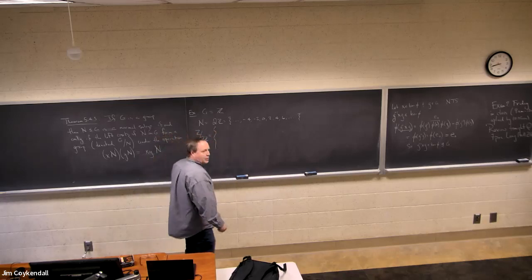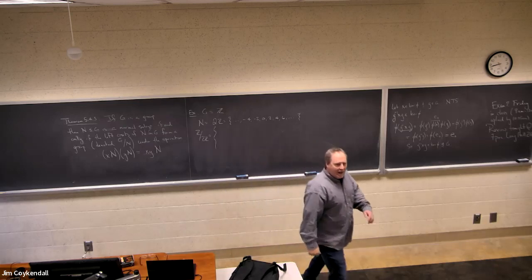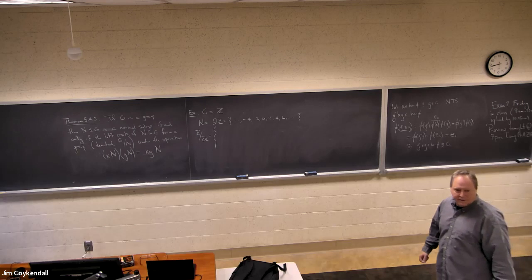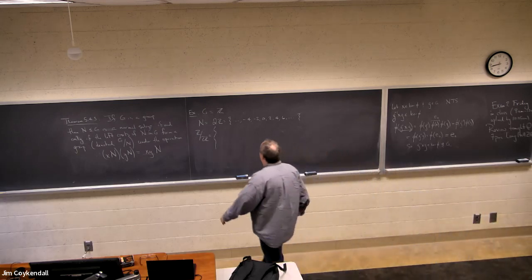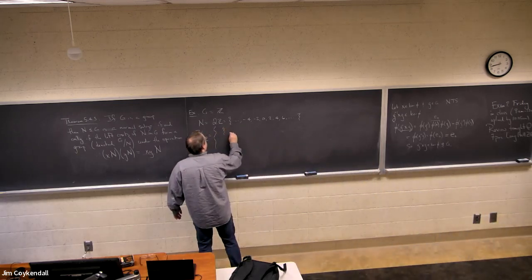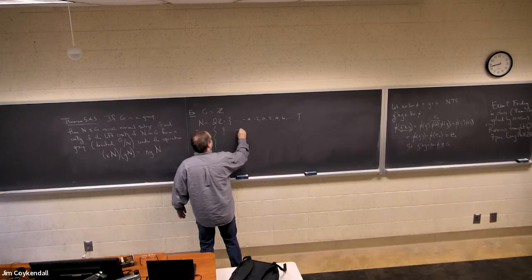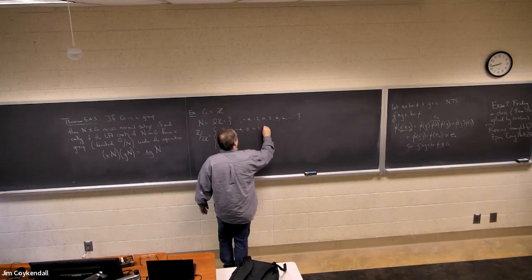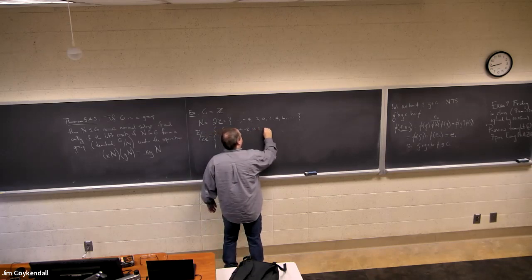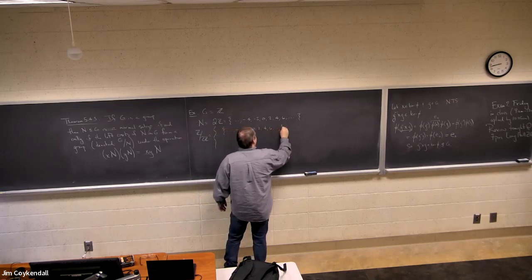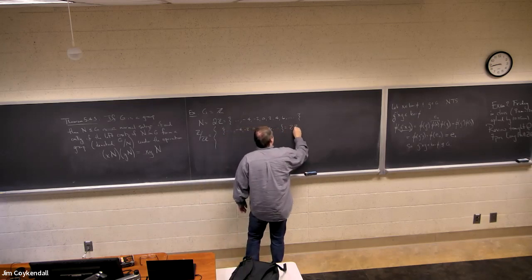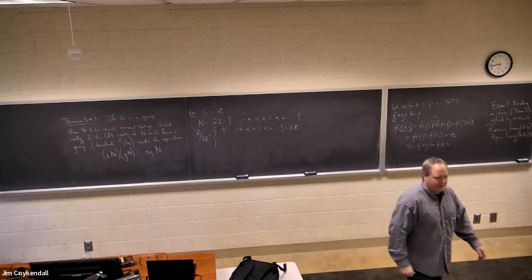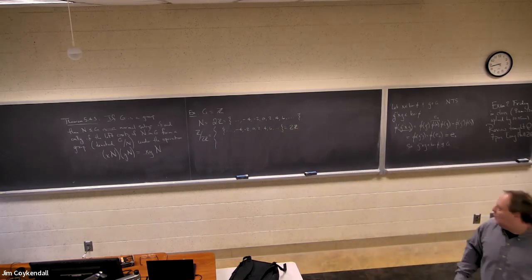The elements of this group are the left cosets. How many left cosets are there? Oh, I've got one. I know what one of them is. One of them is the subgroup 2Z itself. Anybody know what the other left coset is? Okay, right.